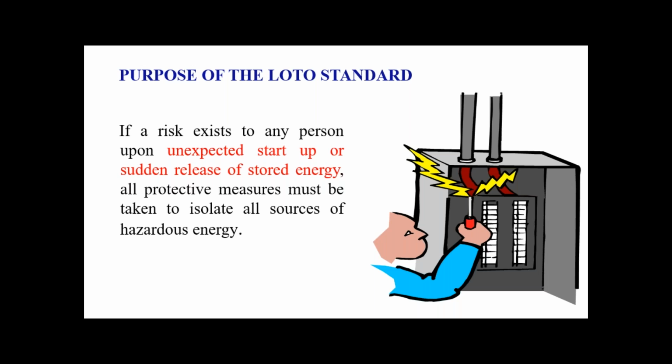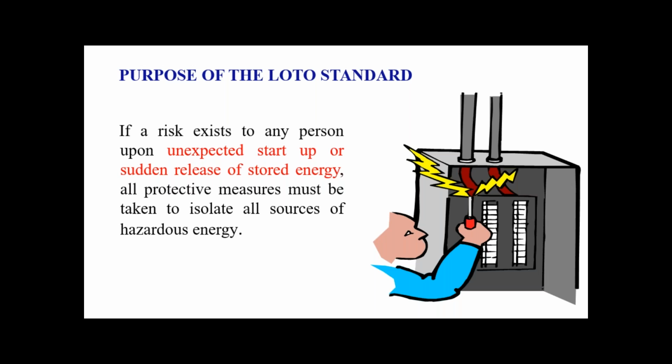If a risk exists to any person from any type of energy source, and there is an unexpected startup or sudden release of stored energy, all protective measures must be taken to isolate all sources of hazardous energy.